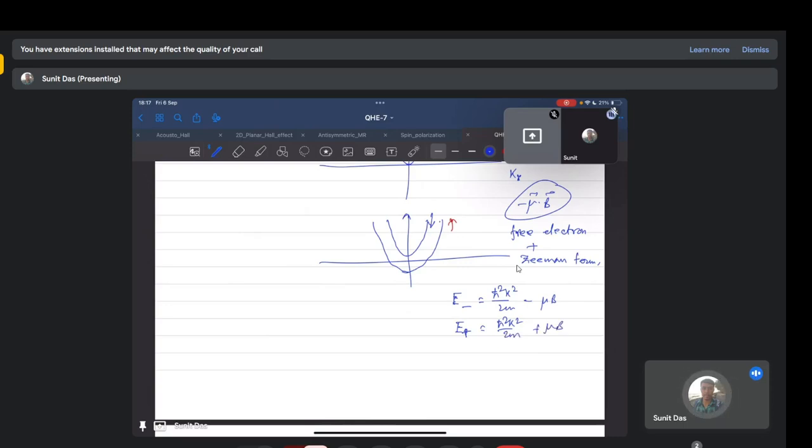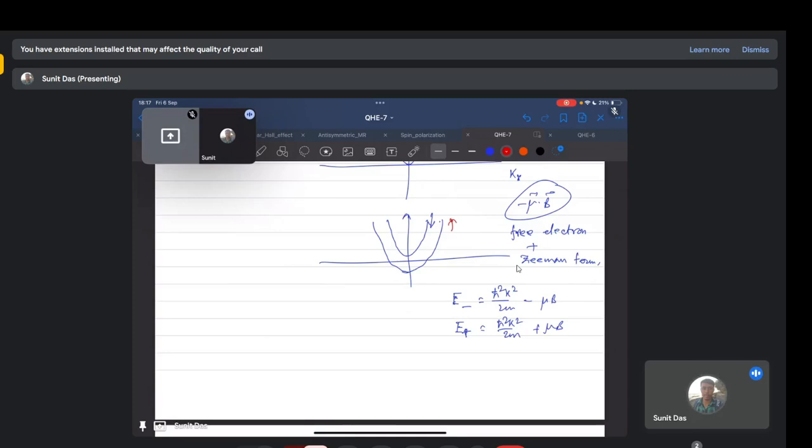But we need to remember that E minus is for up spin and E plus is for down spin, because if the spins are aligned along the magnetic field, the energy gets lowered, which is this band.